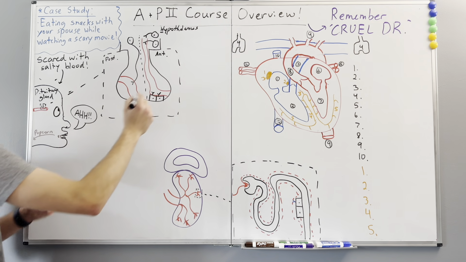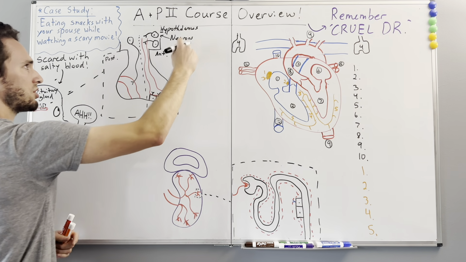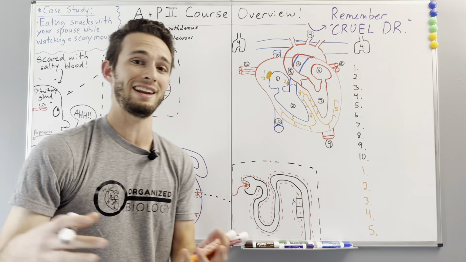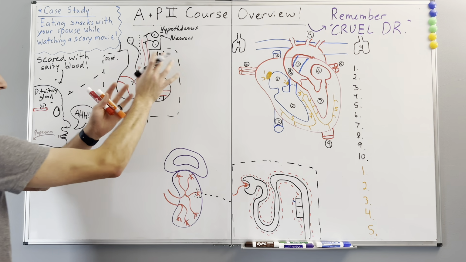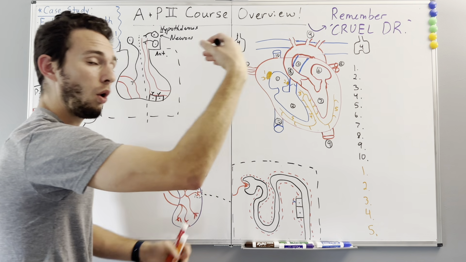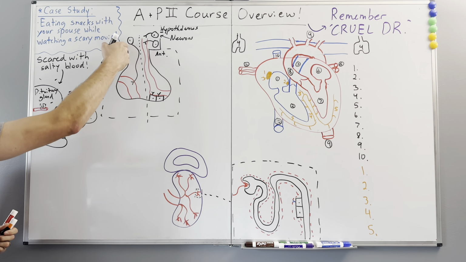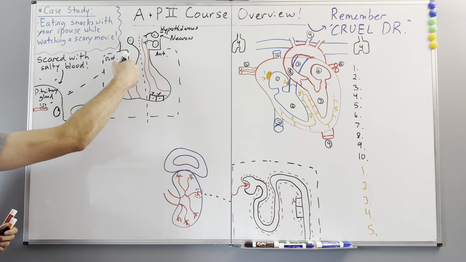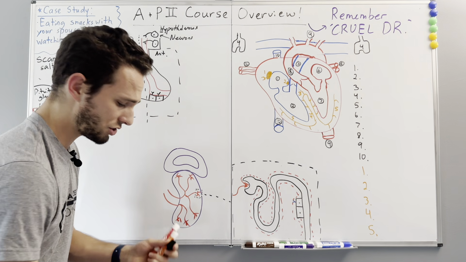So what's happening here? Well, these neurons that we're talking about always secrete neurotransmitters. You learned that in ANP1. But in this case, the neurotransmitters aren't actually going to be neurotransmitters, they're going to be hormones. So let's start first in the posterior pituitary. We see this neuron in the hypothalamus sending its axon all the way down directly into the posterior pituitary's bloodstream.